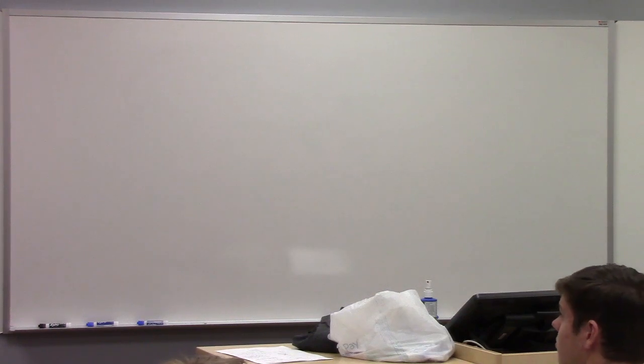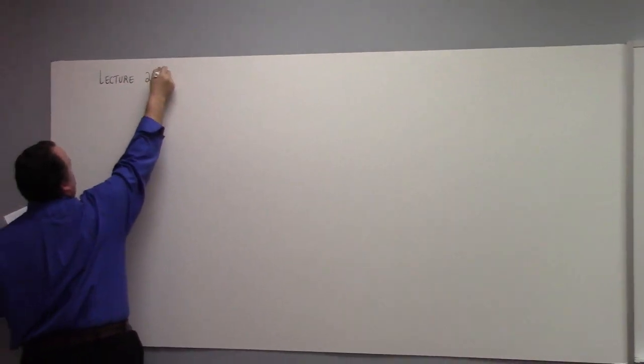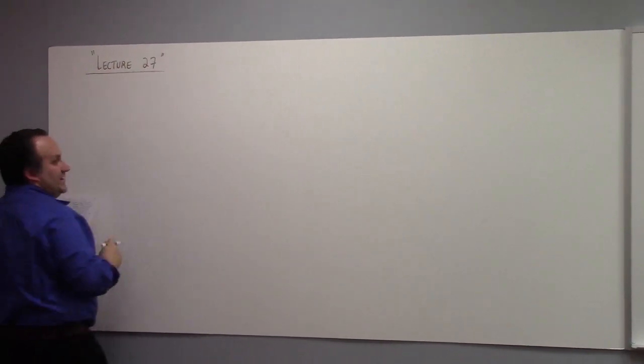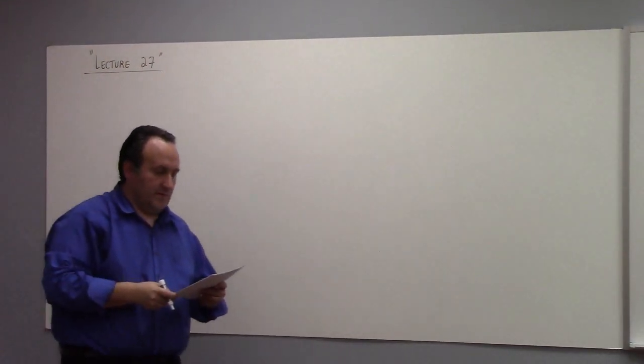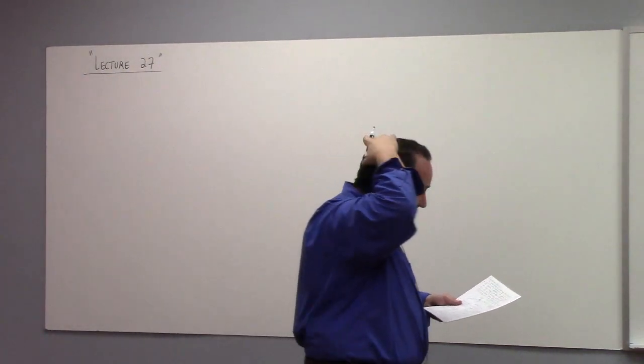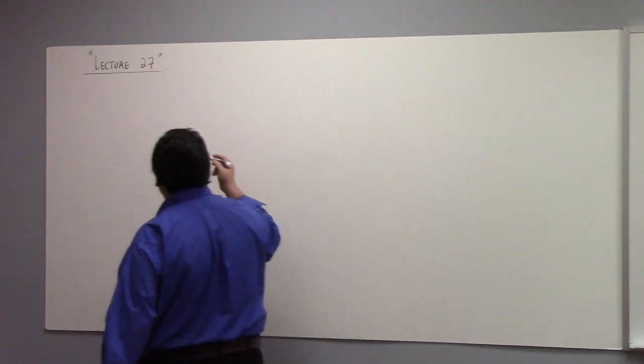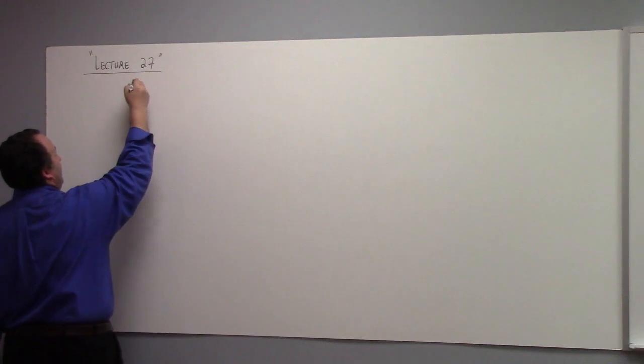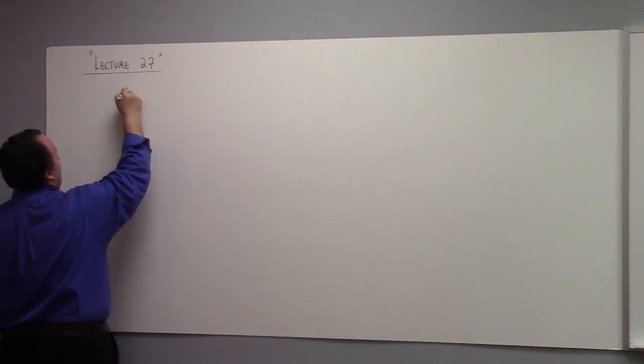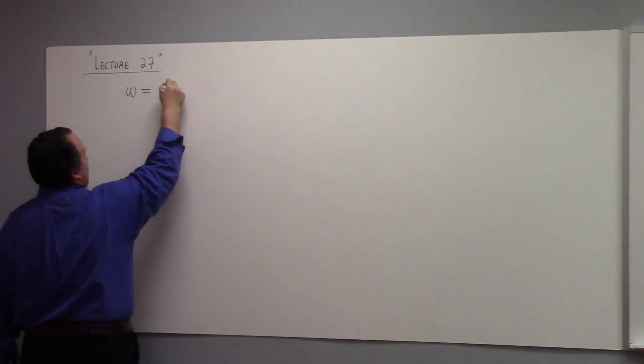So here I'm into lecture 27. This is the lecture 27 PDF I'm going to get into here. I have explained to you a little bit. Basically, let me just recap here. We have that omega is d theta dt, right?